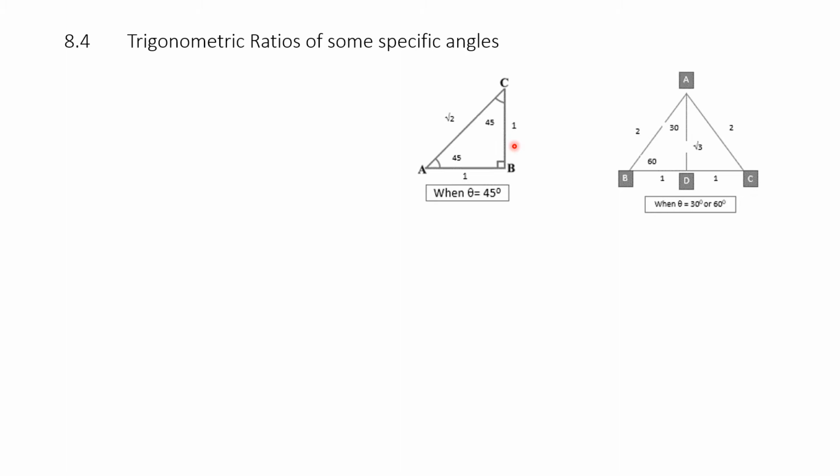Taking the square roots, we get AC is root 2 and AB is 1 and BC is 1 when the angle is 45 degrees. Angle A is 45 degrees, angle C is 45 degrees and angle B is 90 degrees. Here we can easily calculate the ratios. Sin 45 is 1 by root 2, cos 45 is 1 by root 2 and tan 45 is 1.